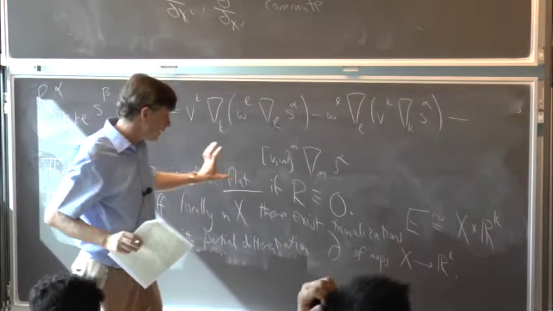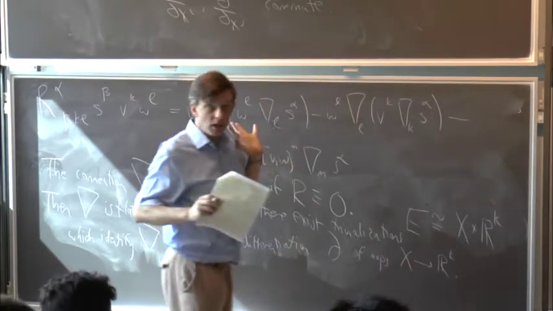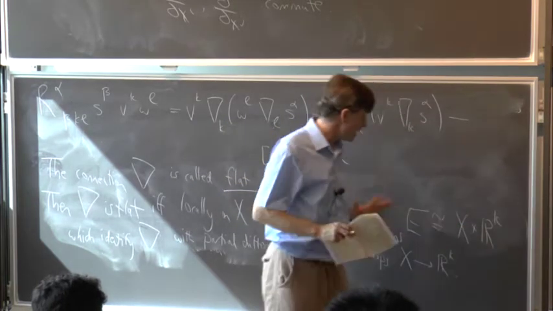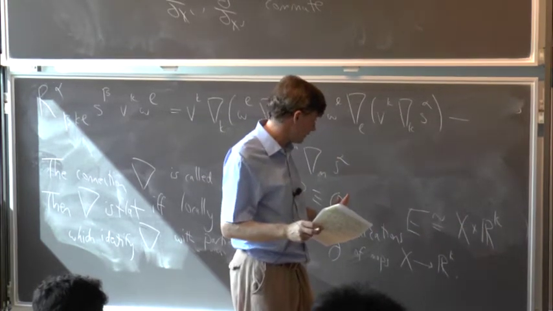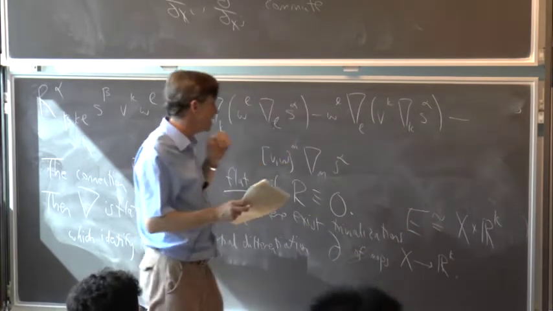So if you have a trivialization of your vector bundle, if you've identified E with X cross R^k, you can identify sections of E with smooth maps from X into R^k, and then you can take ordinary partial derivatives of those, ordinary differentiation, just using the usual d functions.